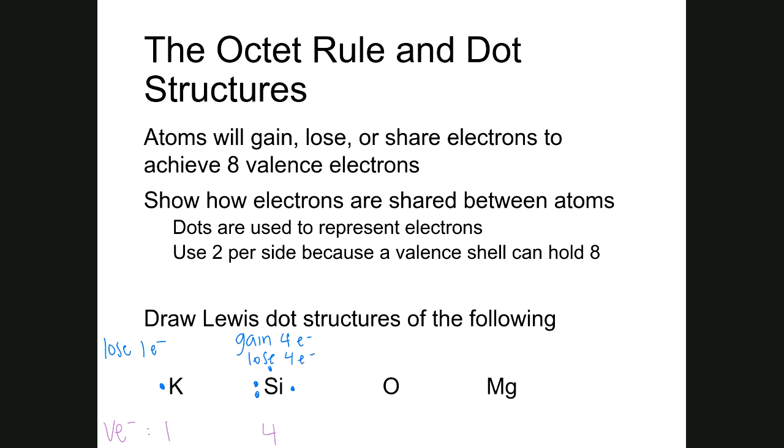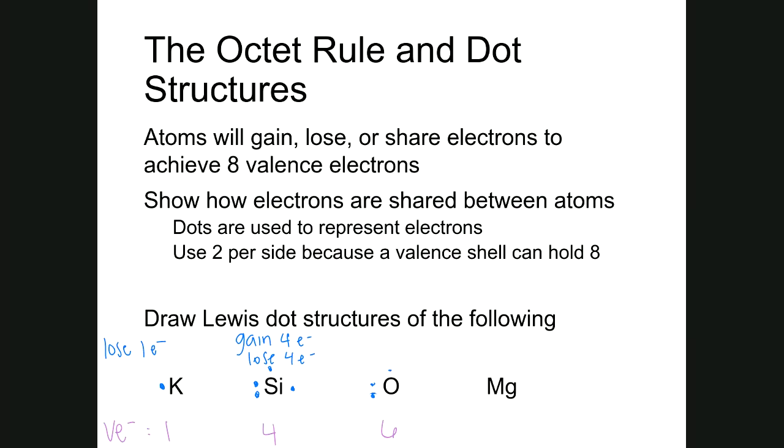When we move over to oxygen, find oxygen on your periodic table, and you'll see that oxygen has 6 valence electrons. So we're going to fill in our dots the same way. So fill in our s orbital, and then fill in our p.